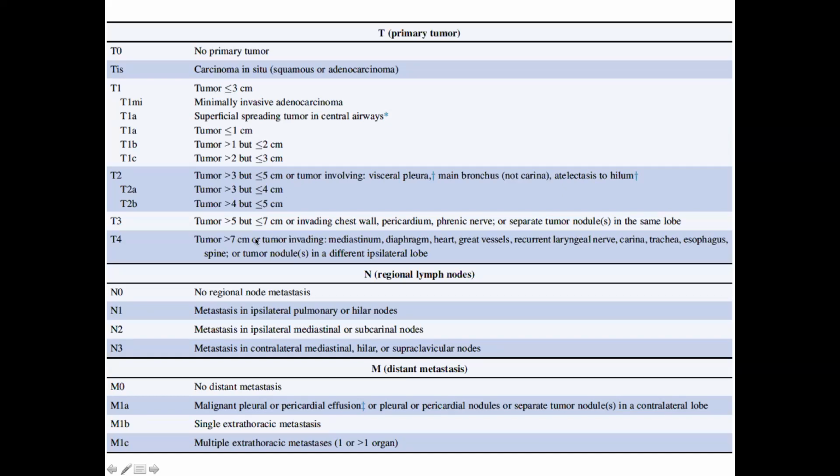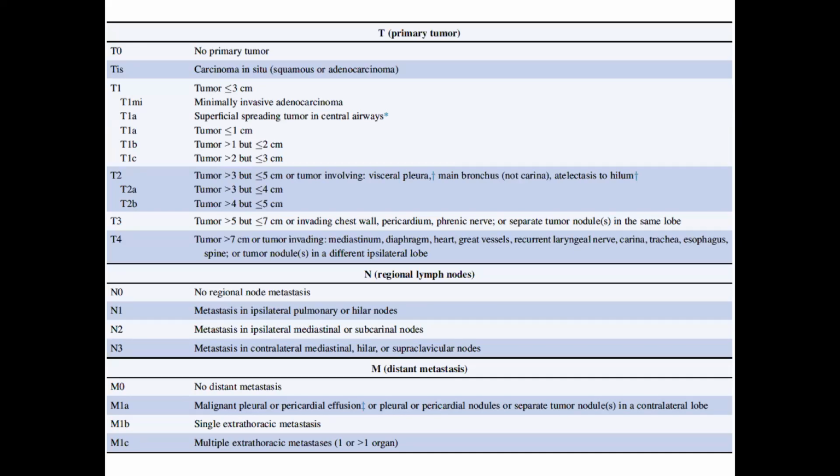T4, much larger tumors, so tumors larger than 7 centimeters, or again, the tumor that invades other structures. So now we're thinking about invasion of the mediastinum, diaphragm, heart, the great vessels, recurrent laryngeal nerve. The nerve itself could be sacrificed, but the fact that it's involved probably indicates that we're involving some of the great vessels at that stage.